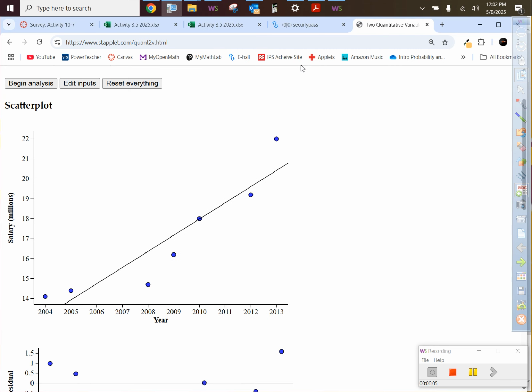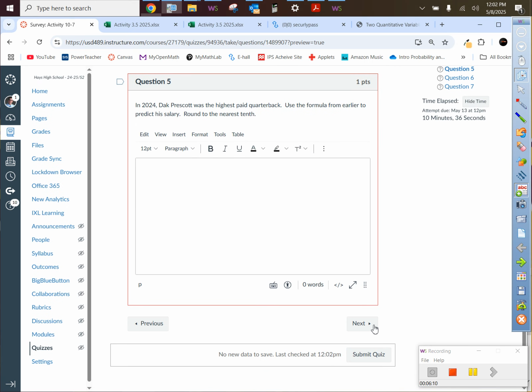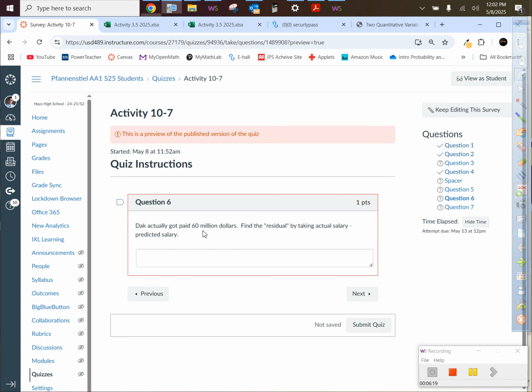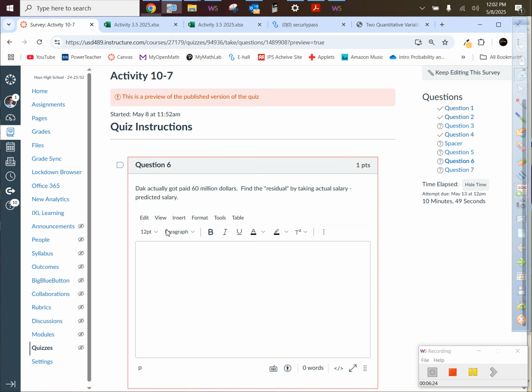So that's this formula. Going back to our activity, we can type that in, 29.3, but check out what he actually made on the next question. They predicted him to make 29.3. Dak Prescott really made $60 million in 2024. So that's wild.